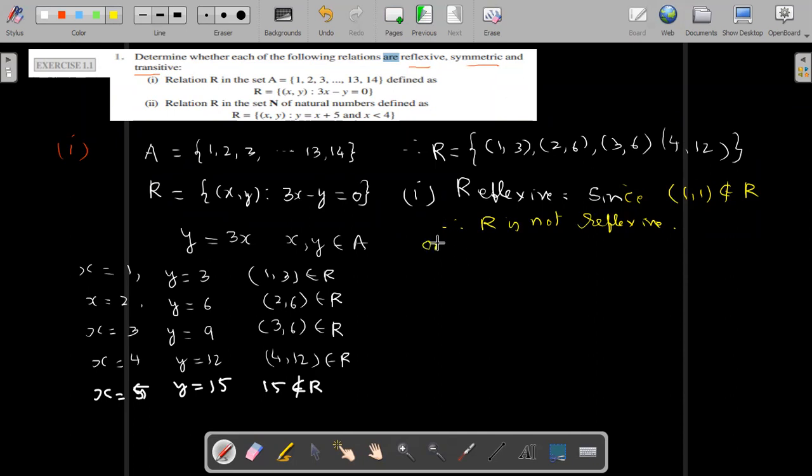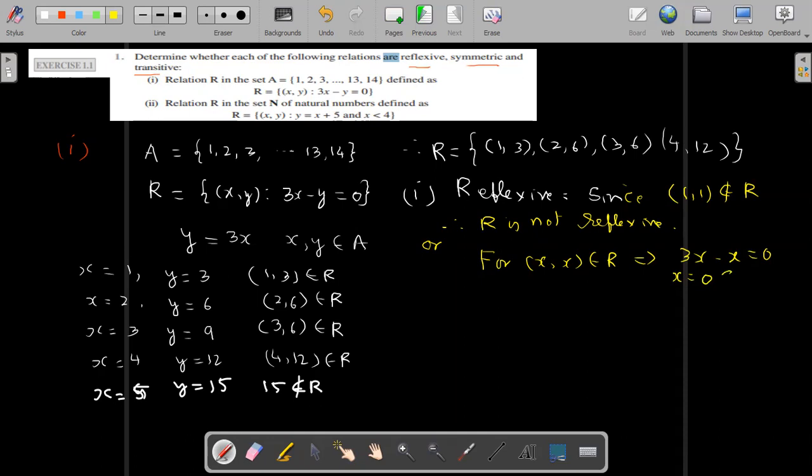Or we can take the definition. R is this, 3x minus y. So for x belongs to R, it implies that 3x minus x is equal to 0, so 4x is equal to 0 and x is equal to 0.